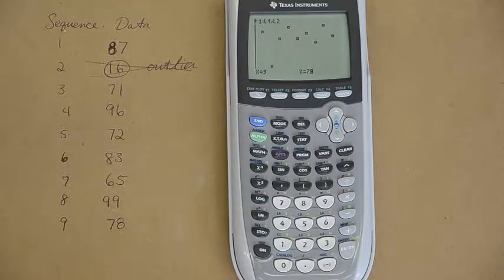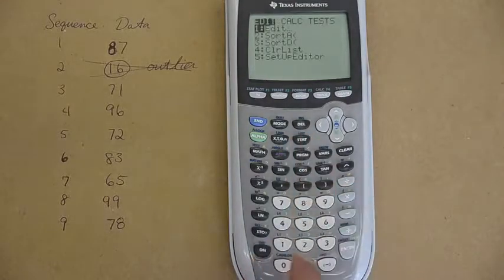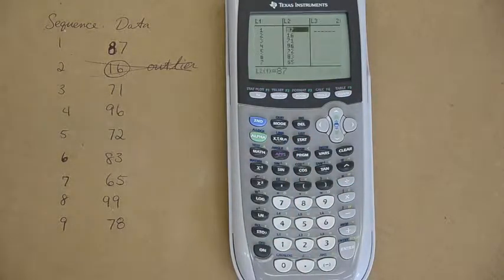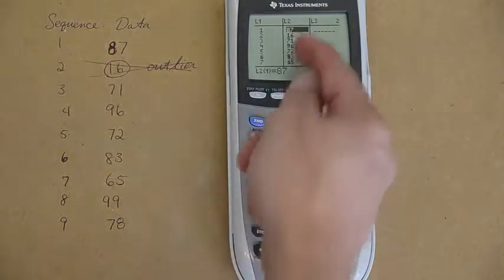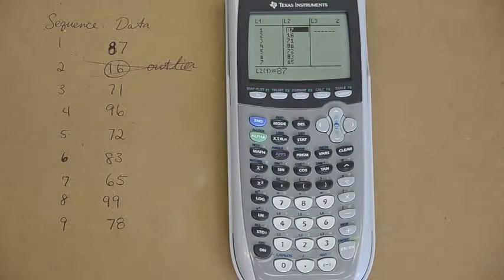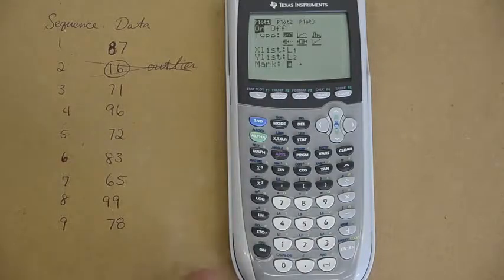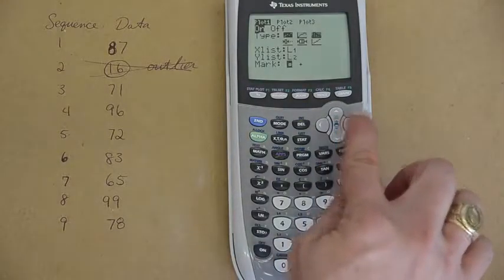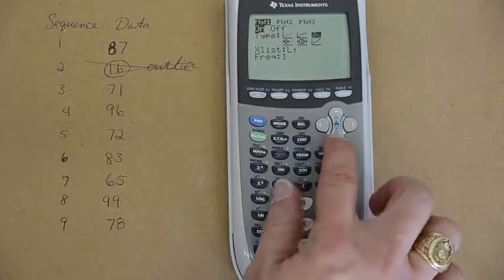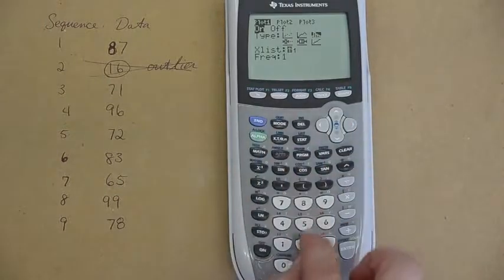Okay, and I think I might have just a minute left. If I do stat edit, let's do something neat. Let's display this data in both a histogram and a box plot at the same time to see the comparison between the two. So second stat plot, 1. I'm going to have 1 be a histogram, and remember my data was in list 2, not list 1.